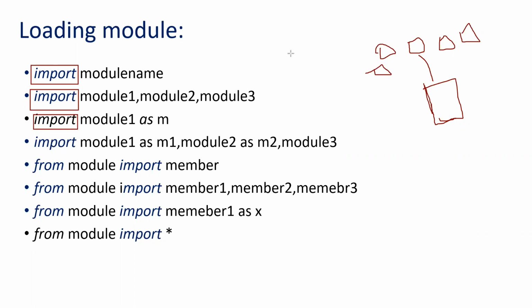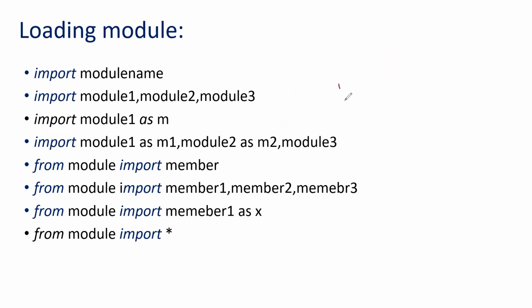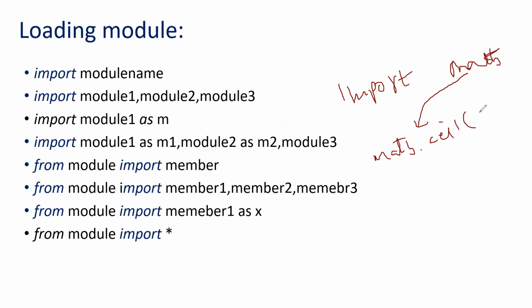For example, in our case, let's assume math. So we can write import math. Now math is available. math.ceil(9.5). What do you mean by ceil?